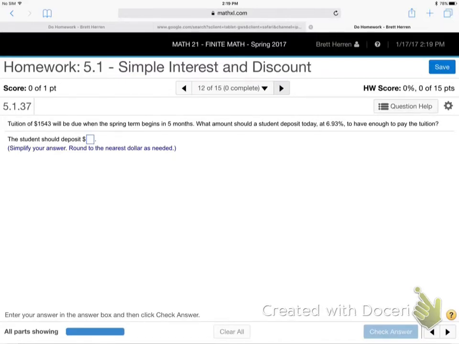Okay. So let's see. So again, same formula. A equals P times 1 plus R times T. Tuition of $1,543 will be due when spring term begins in 5 months. What amount should a student deposit today at 6.93% to have enough to pay the tuition? Okay, let me let you try rather than me just dive in. See how you're doing.